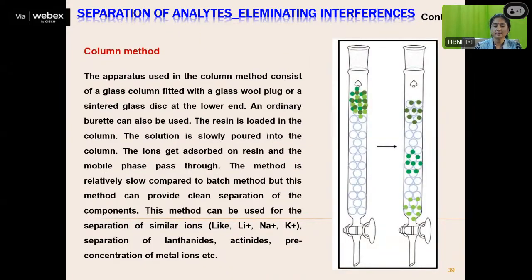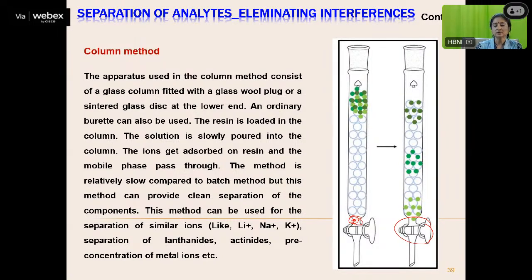And this is the column method of operation. The apparatus used in the column method consists of a glass column fitted with glass wool. You can use a column like this where your resin beads are placed, and since there is a stopcock, the resin beads should not flow through it. Therefore, you put some glass wool here so that the resin will not come out.